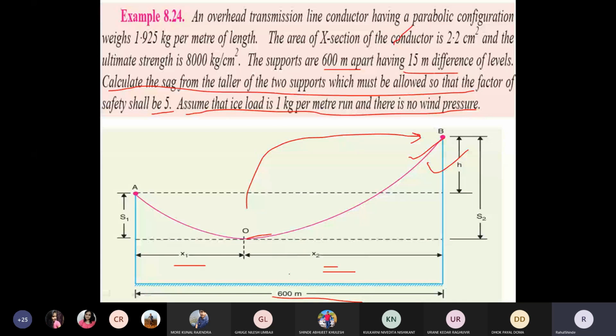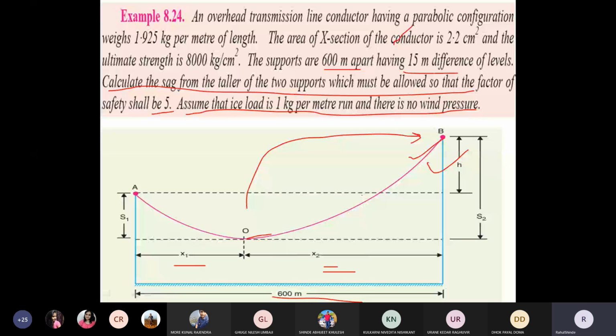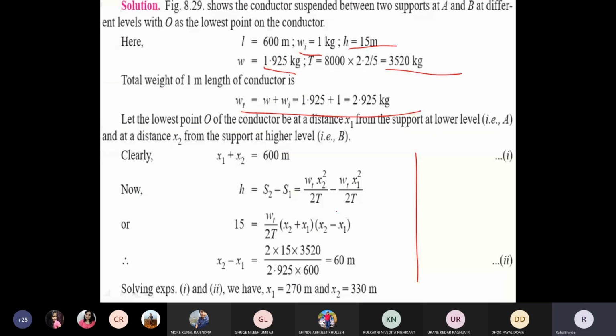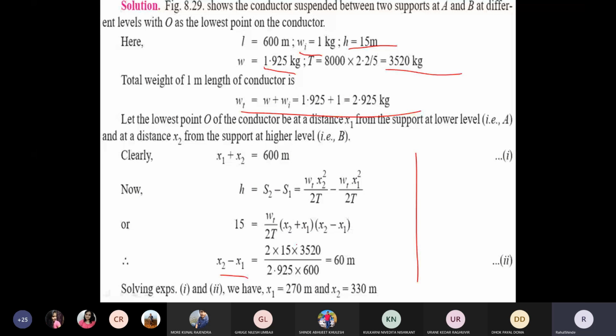And h is nothing but the height difference, that means s2 minus s1. This we already did in the derivation part itself. So you can solve it this way, or you can directly put in the value, since you know the formula for x2.